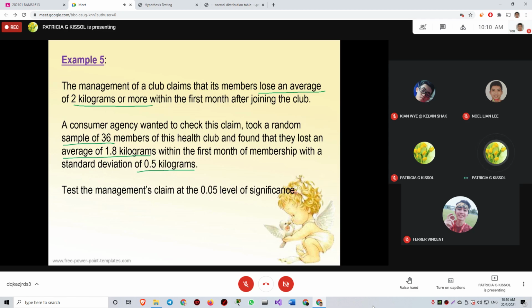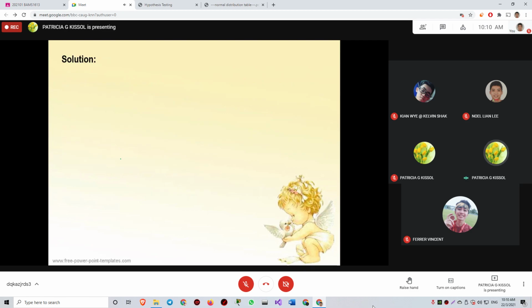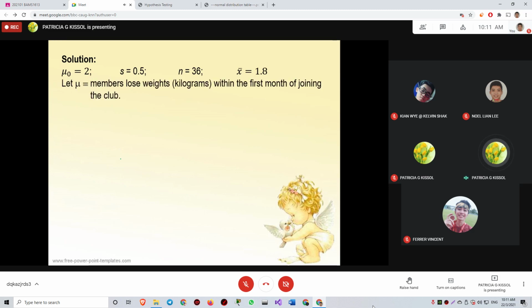So in this example, the claim is to lose an average of 2 kilograms or more. But in this case, they found they lost an average of 1.8 kilograms. So what do you think it will be, one tail or two tail? This is where you have to decide, and a lot of students get confused with the question. So do check the question carefully, because in this question all the information is stated. What is the random variable?